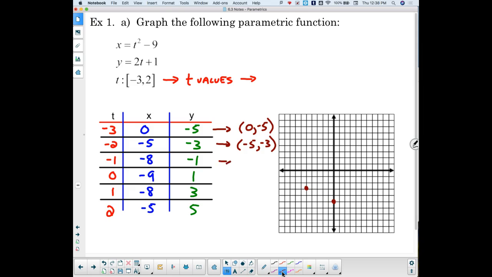This one, -8, -1. Here, -9, comma, +1. Here, -8, +3. And lastly, -5, comma, +5.